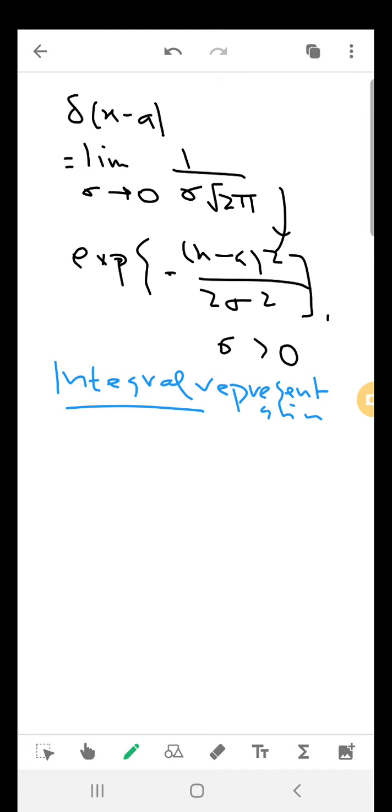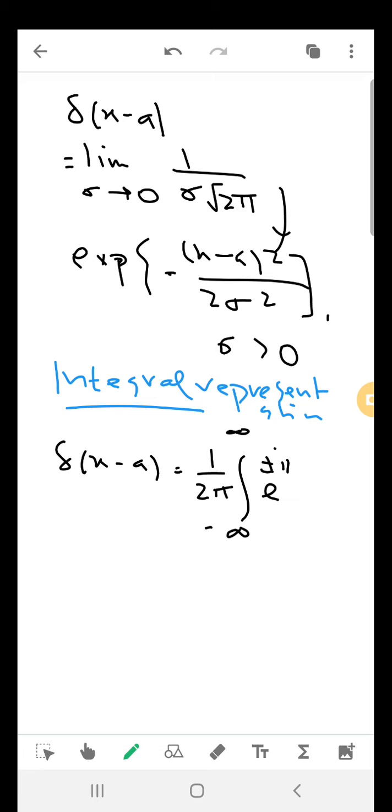We simply write here delta x minus a is equal to 1 by 2 pi integral from minus infinity to infinity exponential plus minus ik x minus a dk.